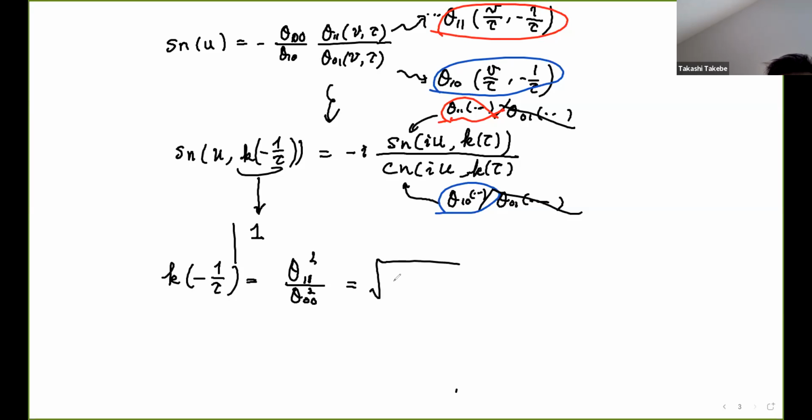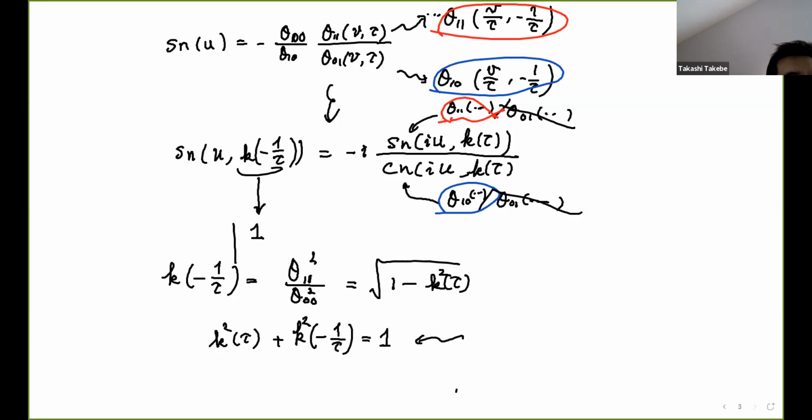Actually, this is equal to this, or exactly speaking, which can be proved, again, by the addition formula.